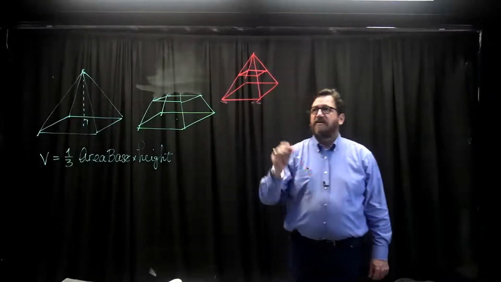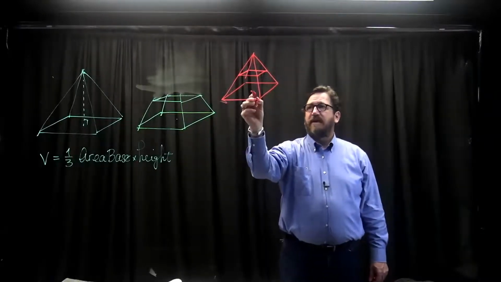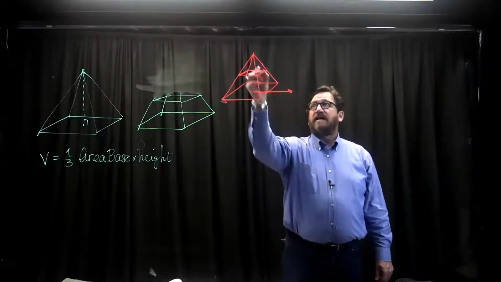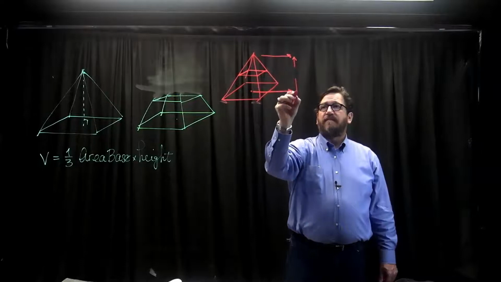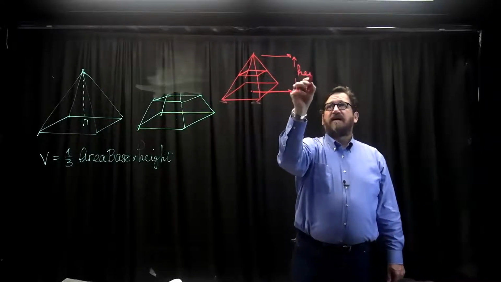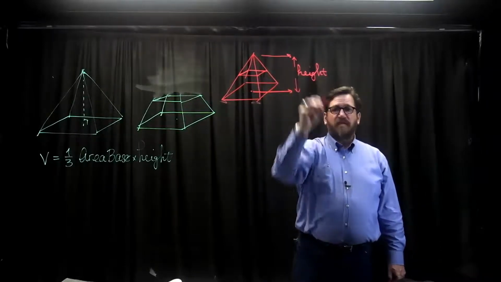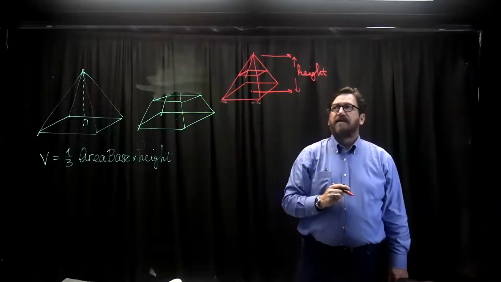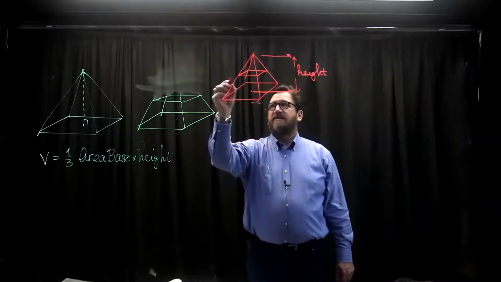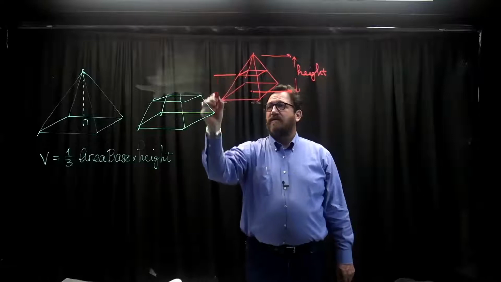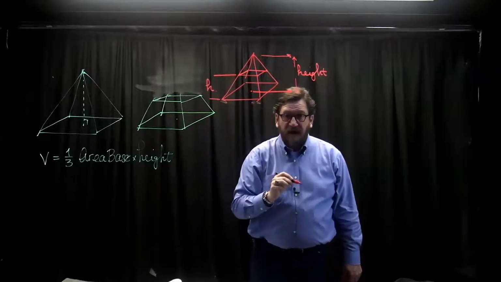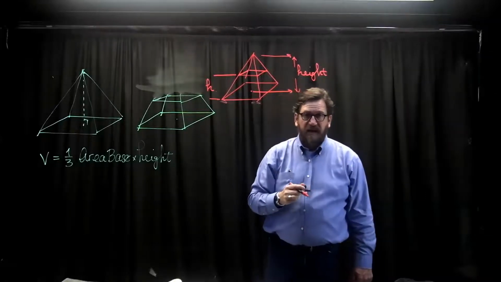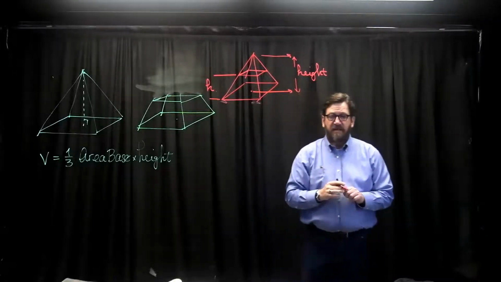So what I need to know is a couple of facts about this pyramid. I need to know, one, this measurement right here. What is the height of this monstrosity when I get done? The second thing that I need to know is right now, what's the height of what I've built already?